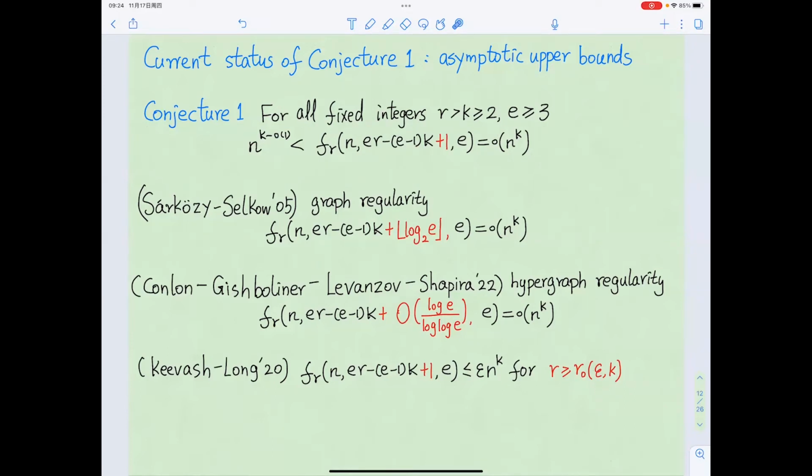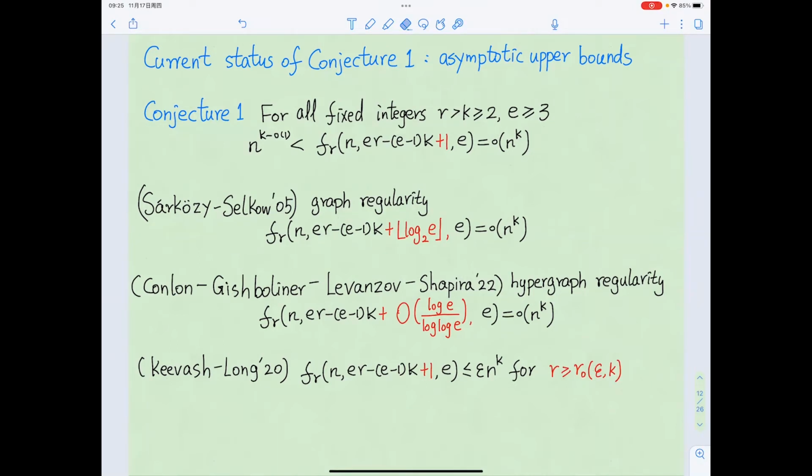In another direction, Shkredov and Long prove the upper bound that given any small constant epsilon, if the uniformity r is larger than r0, which depends on epsilon and k, then they can prove the conjecture, basically epsilon times n to the power of k.